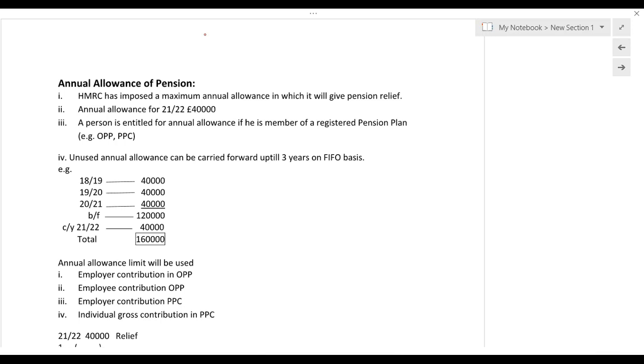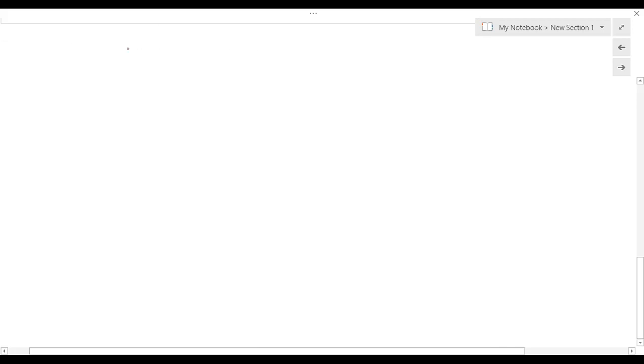But according to HMRC, the annual allowance for pension is 40,000 pound. According to HMRC, the annual allowance limit for pension is 40,000.